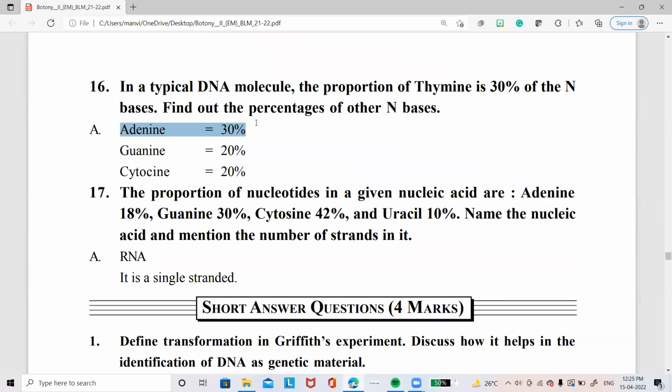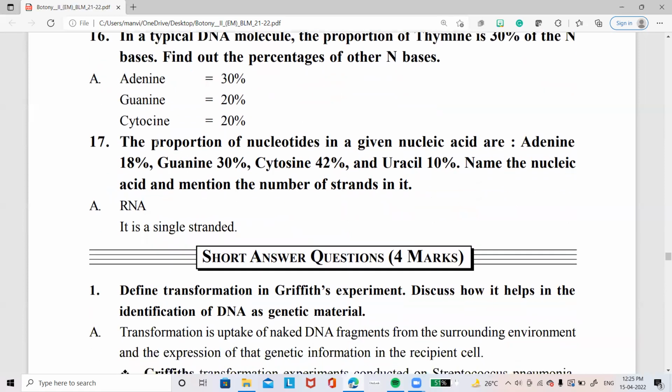Then 30 plus 30 is 60%. The remaining 40% we give equally to guanine and cytosine, as guanine equals cytosine. So rest is 20% each, which makes 100% total.